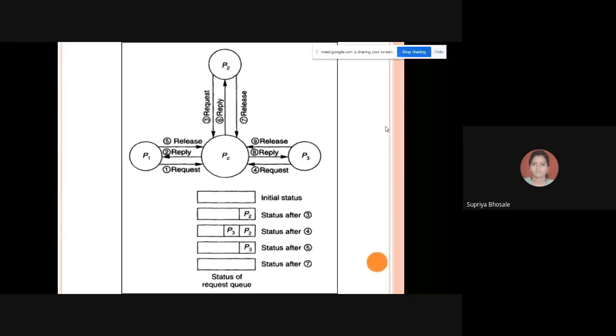Okay, and after completion of his task he will now send release message to the coordinator. So this is the structure with centralized approach for mutual exclusion. Centralized, why centralized? Because all the activities are maintained through one coordinator centrally. Okay, so that's why it is the centralized approach.